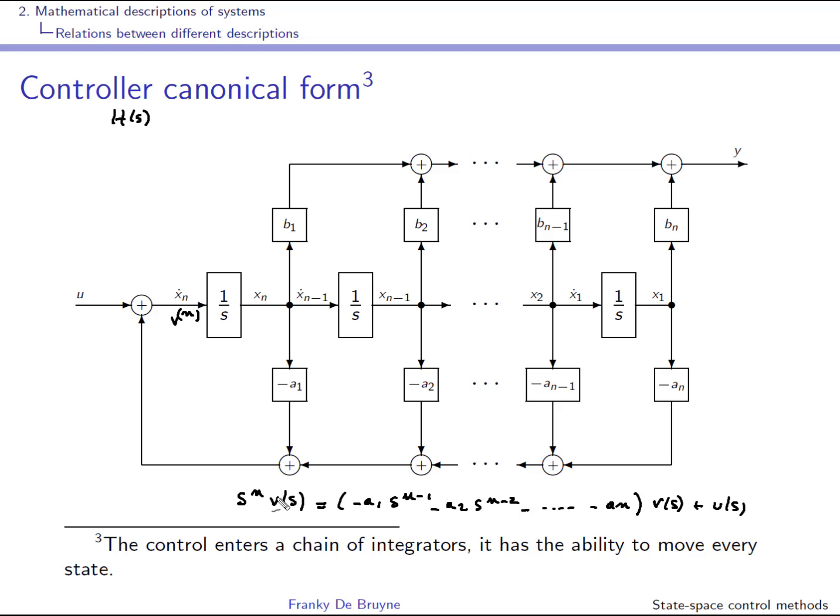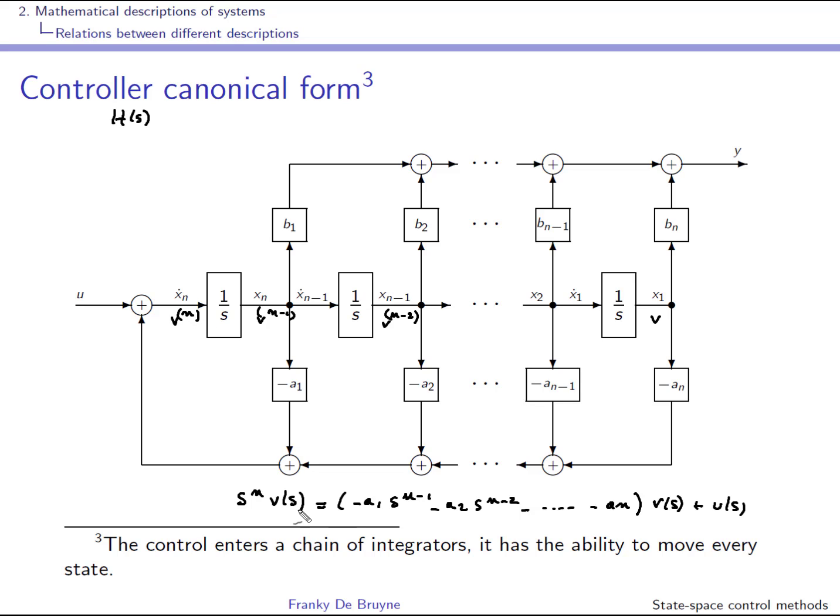This is what you've got here. It's u of s, minus a1 times the n minus 1 derivative. Okay, if you integrate one time, you have the n minus 1 derivative over here. If you integrate another time, you have the n minus 2 derivative. And if you keep on integrating, what you will have here is v, right?